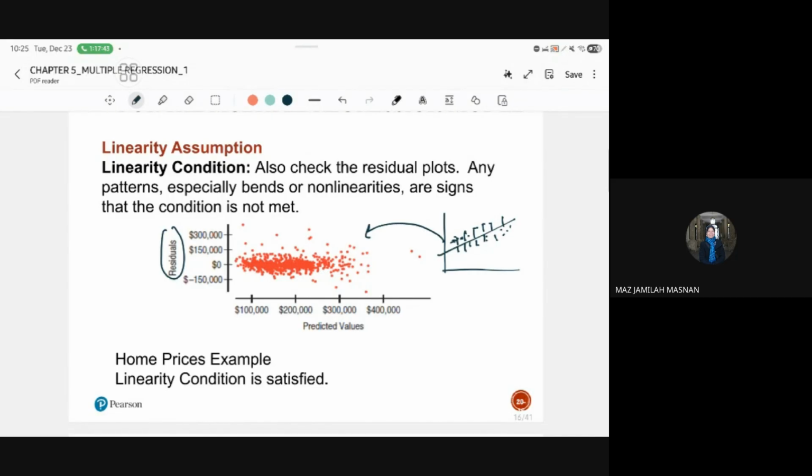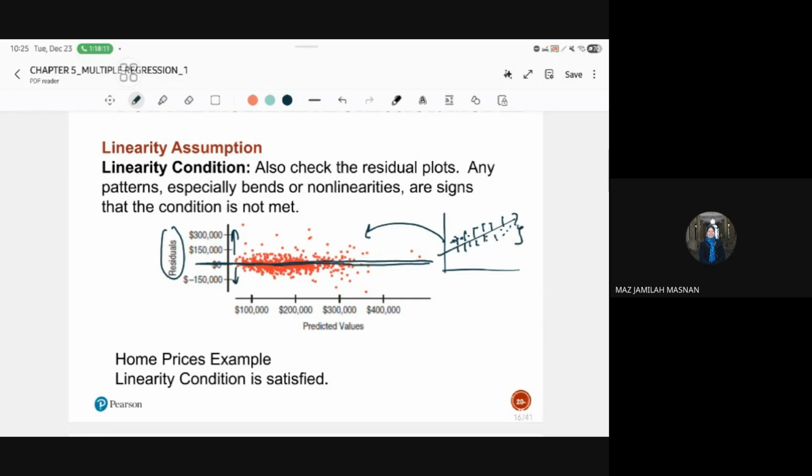That is why you can see the horizontal line at 0, and we may have residual values below and above this line based on the measurement that we have over here.